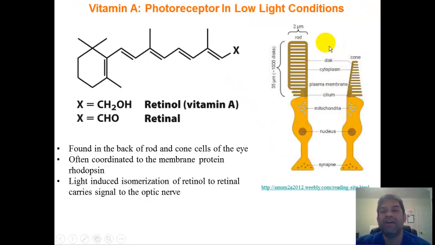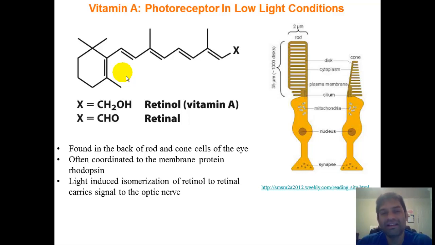Vitamin A is found in the rod and cone cells in the back of the eye. It's a lipid. Here's the structure. The point of these slides is not for me to pick on individual functions, but to tell you that, hey, look, these are lipids, vitamins and fatty acids and cholesterol, but they don't look alike structurally speaking.